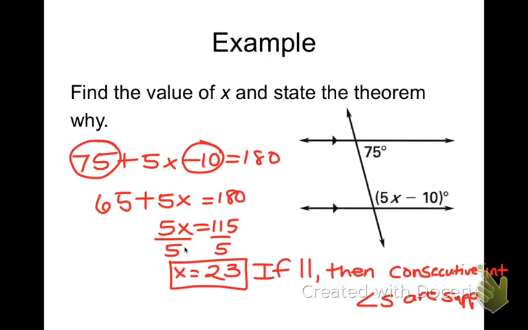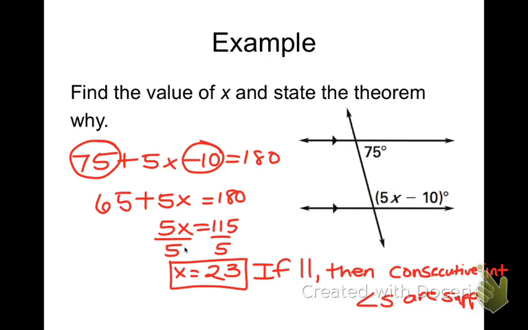Here you said they were supplementary. Make sure you make them supplementary. In the previous one, we said we had congruent angles. Make sure you set them congruent. Don't add them and then equal 180. So make sure that your work matches with your statement. Does that make sense? Because some of you will do it. Don't let it be you.